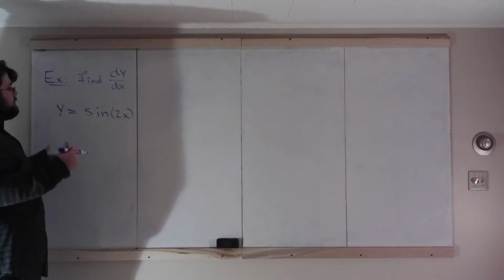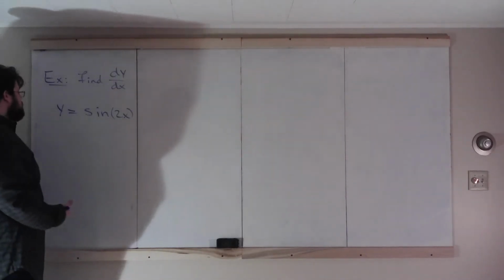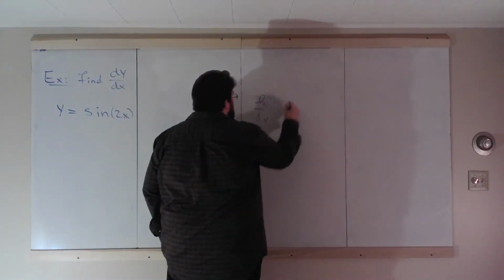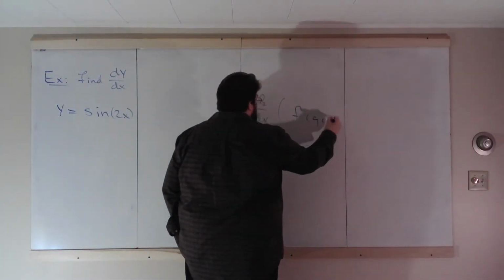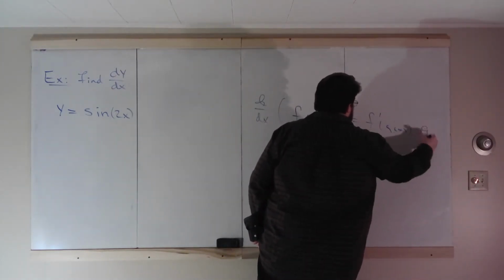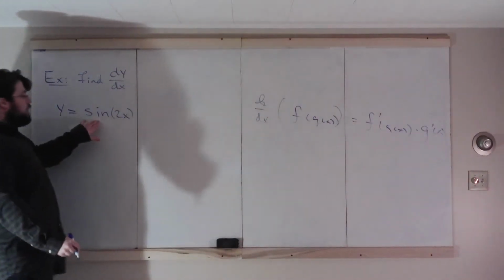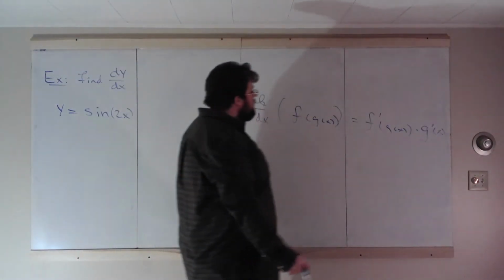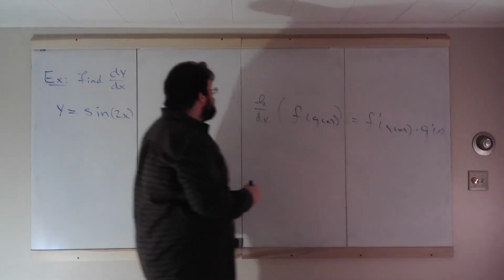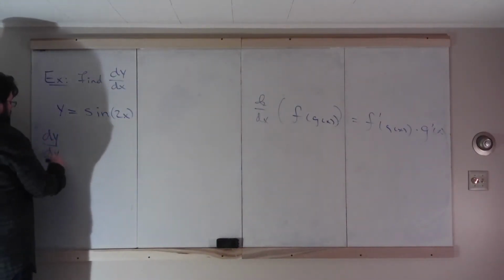Let's do the outside-inside first, and then we'll do a u substitution. So the chain rule says the derivative of f of g of x is f prime of g times g prime. Here our f is sine. So we need the derivative of sine, which is cosine.